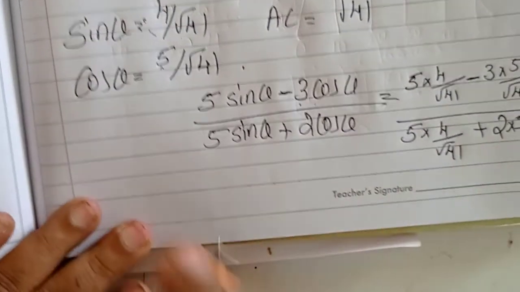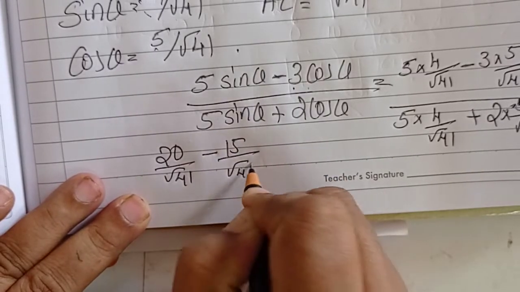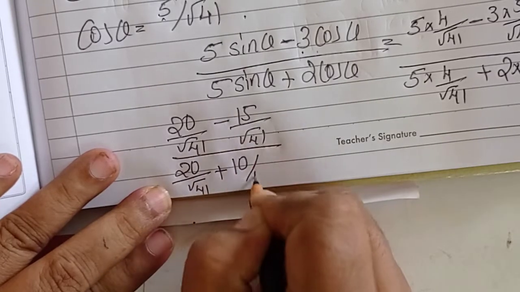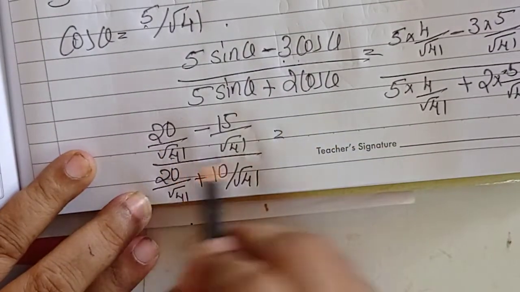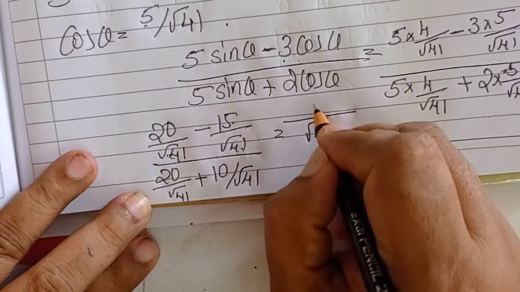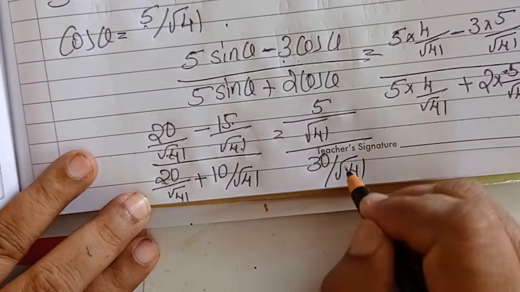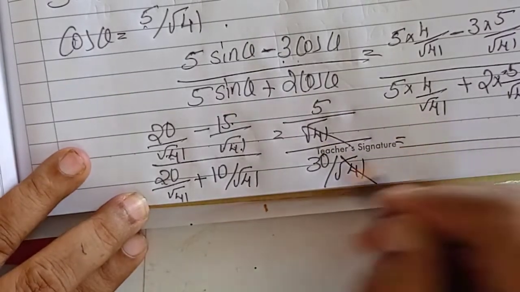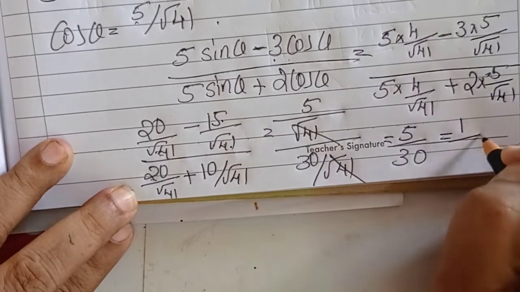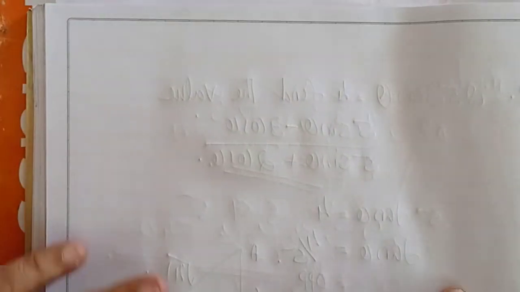You write like this. 5 4s are 20 by root 41 minus 15 by root 41 by 20 by root 41 plus 10 by root 41. Then what is here? The LCM. Same. Root 41. 20 minus 15, 5 by 20 plus 10, 30 by root 41. If the denominators are same, you can cancel or take the reciprocal of the second number and multiply. 5 by 30. What is 5 by 30 answer? Yes, 1 by 6.